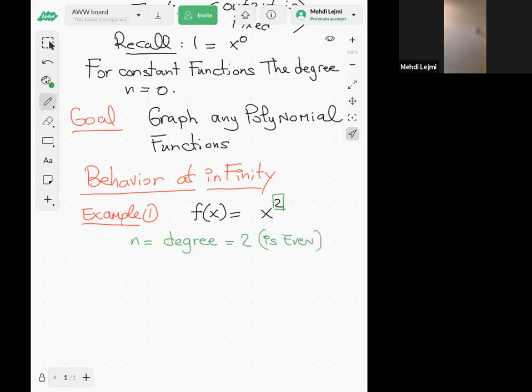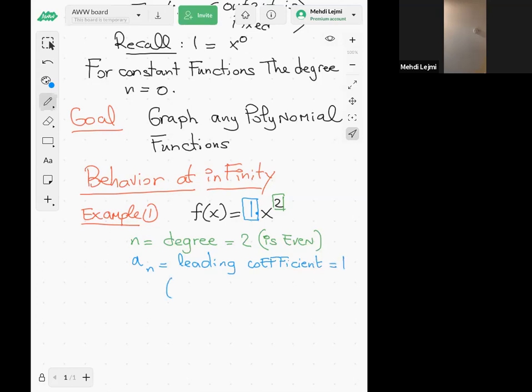Now, what about the leading coefficient? Well, that's the number in front of x squared. Here, you can put 1 in front of x squared, so this is like 1 times x squared. So my leading coefficient a subscript n is equal to 1, and that's positive.